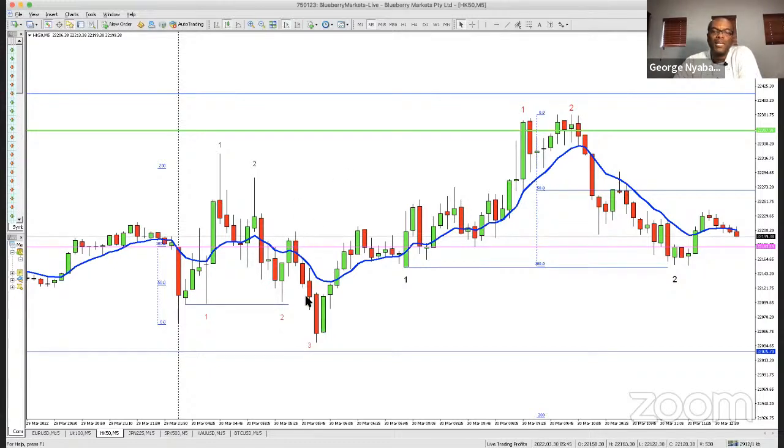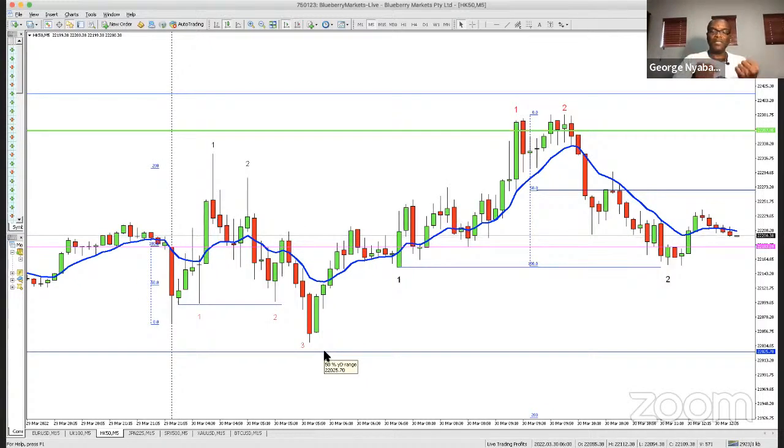We had the bears kicking in, which is not a problem, because if the bears are strong, they need to break beneath the low of the day. And then they need to break beneath this key level that's pulling the market down, the 50% pullback, and follow through. Then we know the bears are strong, then you can wait for pullbacks.